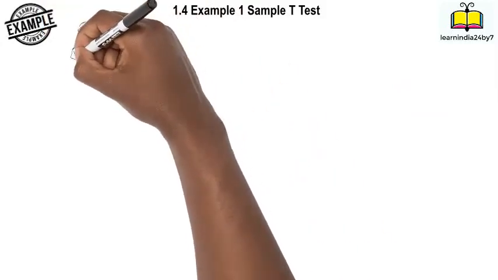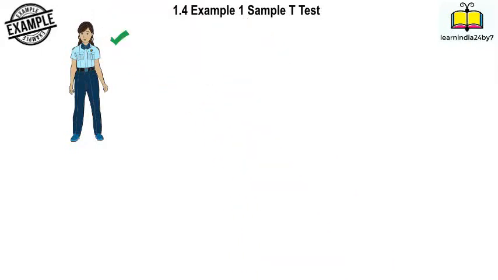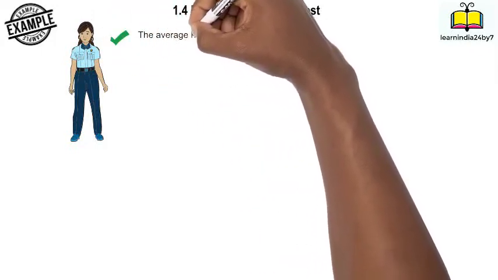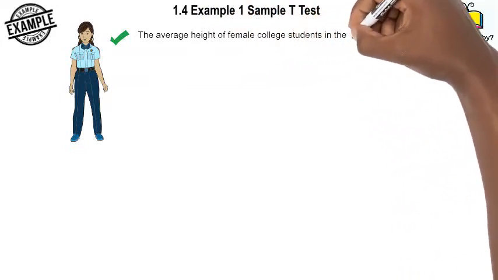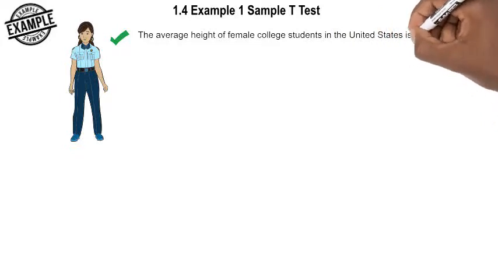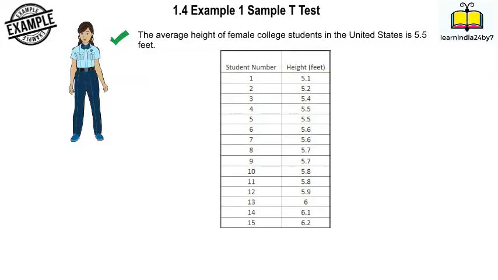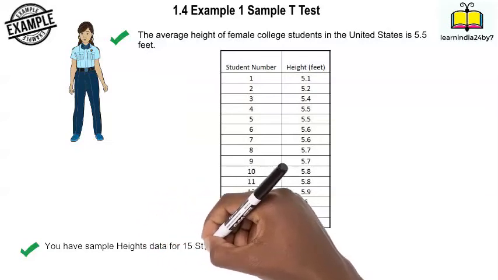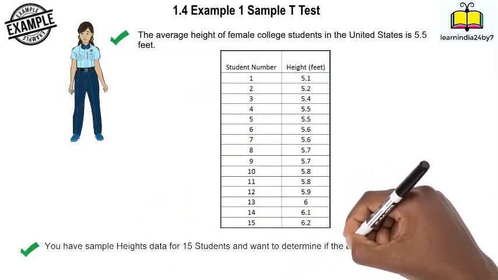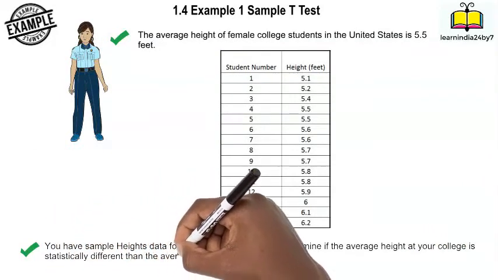So friends, let's further understand about one sample t-test with this example. The average height of female college students in United States is 5.5 feet. And you have been given the sample heights data for 15 students, and you want to determine if the average height at your college is statistically different than average height across United States.